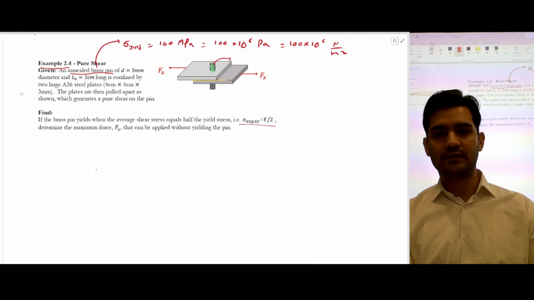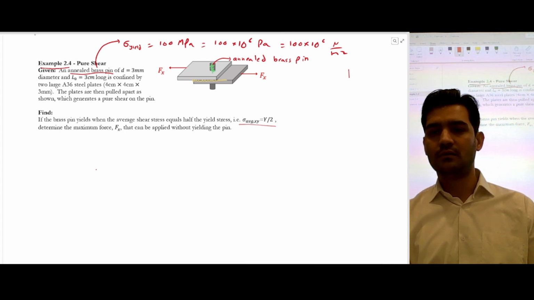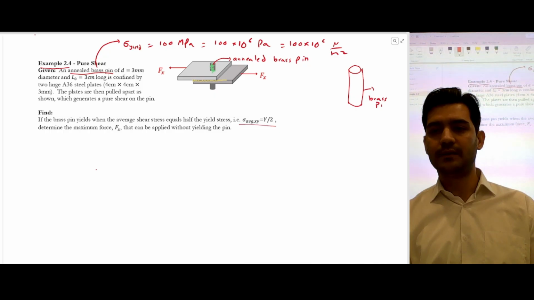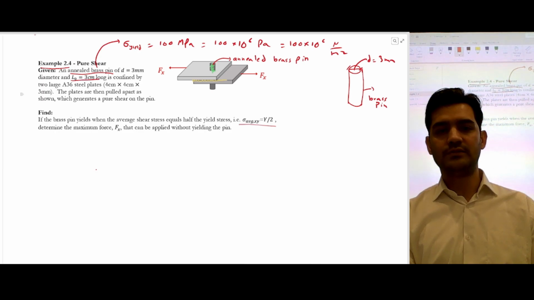And this is the brass pin. So I'm going to draw this pin here. The diameter for that brass pin is 3 millimeter, and the length is 3 centimeter.